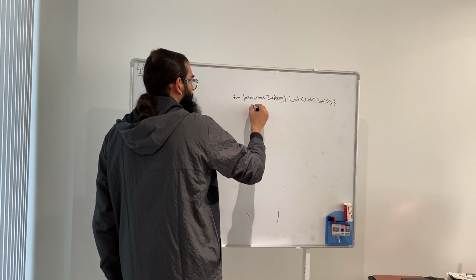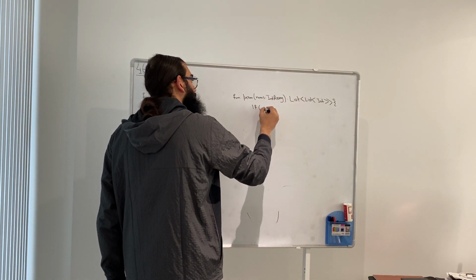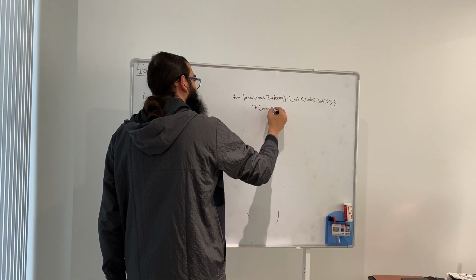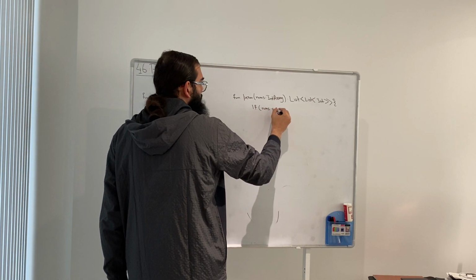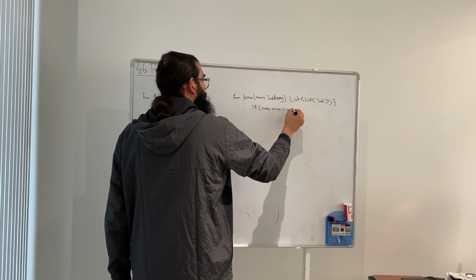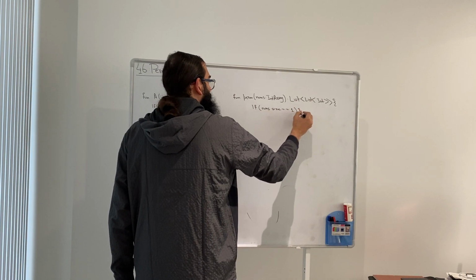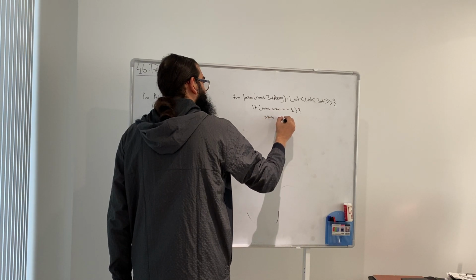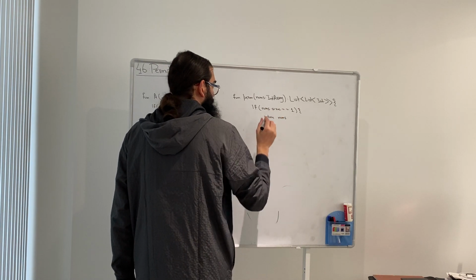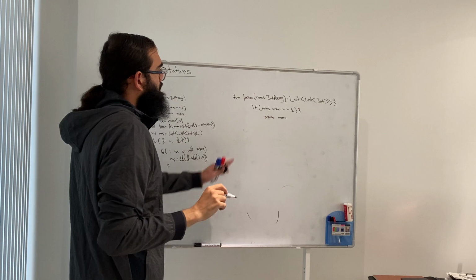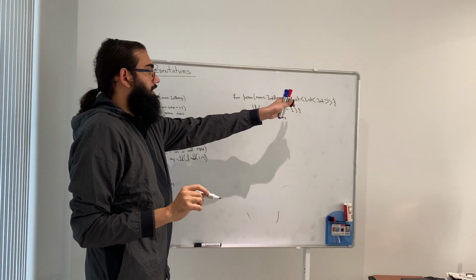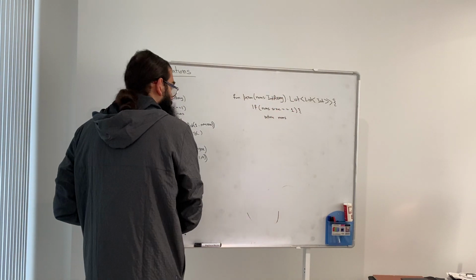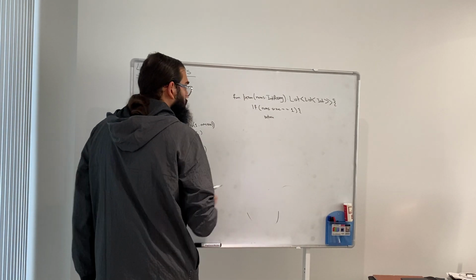Then next I need to do if nums dot size equal to 1, return nums. And basically nums is an integer array. This will not work. So what I need to do, I need to make a new list.